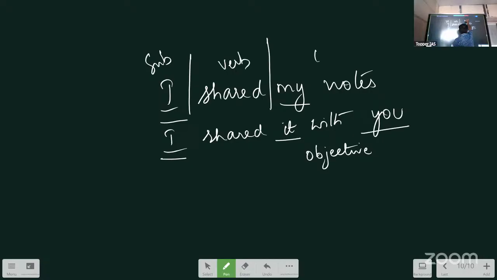This part is the object. Now I have replaced the notes with it. So it becomes an objective pronoun. Why is it called objective pronoun? Because it replaced something which is in the object's position. Object sthandali iddidana replace ಮಾಡಿದ್ದಕ್ಕೆ it is called object.